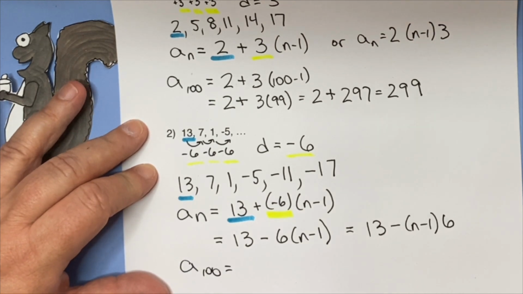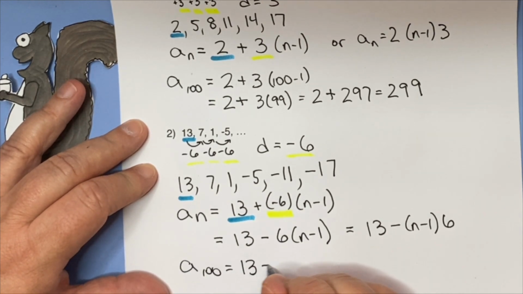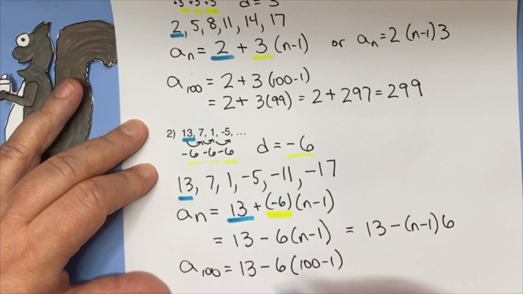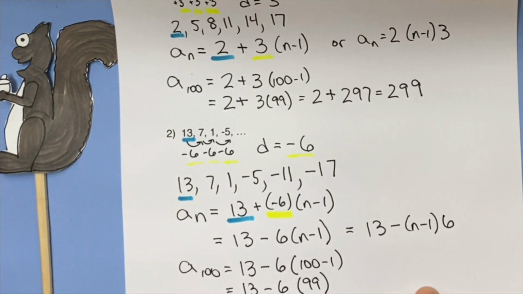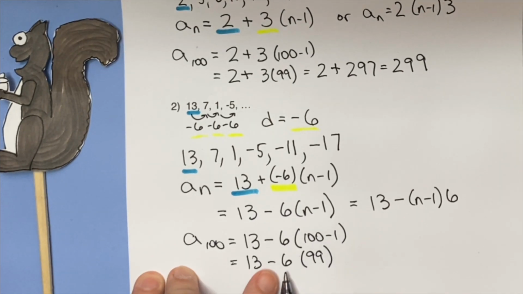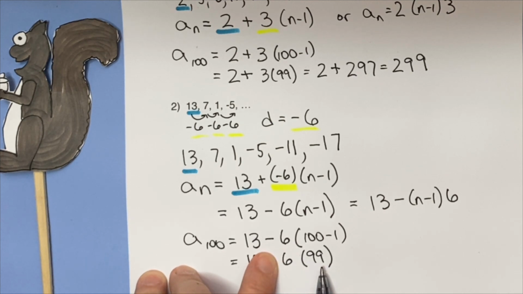And here, again, we're just going to use the formula. 13 minus 6 times 100 minus 1. It's going to be 13 minus 6 times 99. Now, again, you can use a calculator, or you can think to yourself, just 6 times 100 is 600. 6 times 99 is 1 set of 6 less than that.